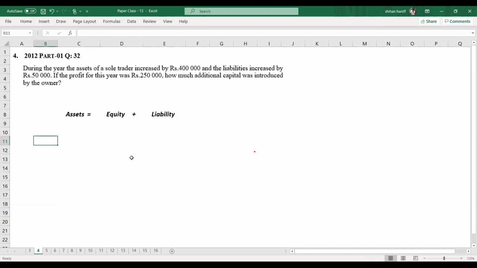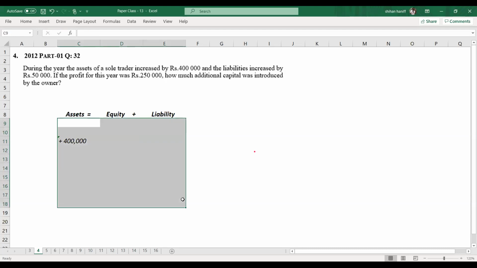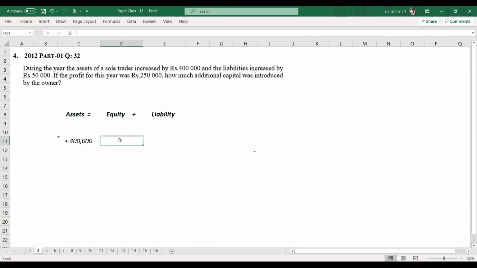The assets increased by 400,000. Assets increased by 400,000. Liabilities increased by 50,000.